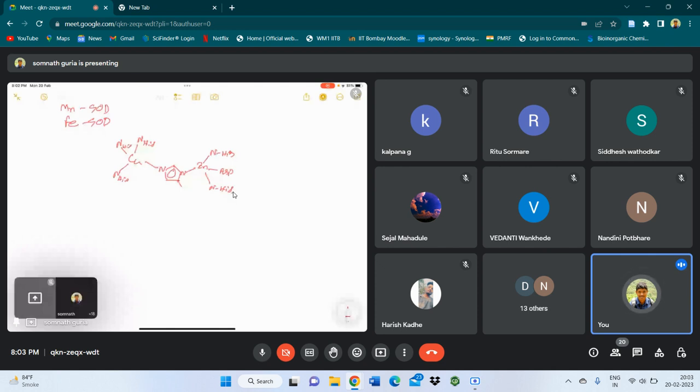So in the overall process, two kinds of reactions are happening over here. One is the superoxide, O2 dot minus, forming oxygen plus an electron.